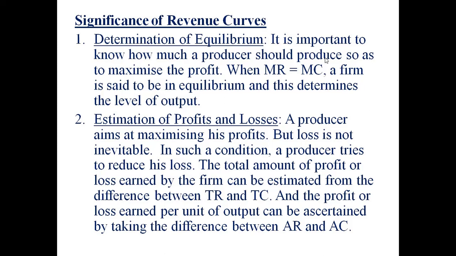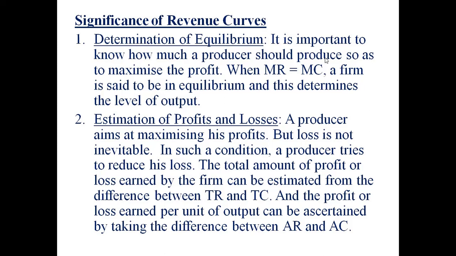The total amount of profit or loss earned by the firm can be estimated from the difference between TR and TC. If TR is greater than TC, then the firm will incur profit. But if TR is less than TC, there will be loss.